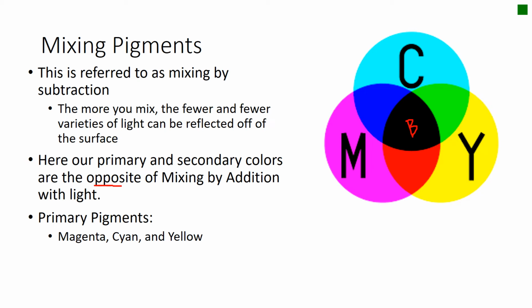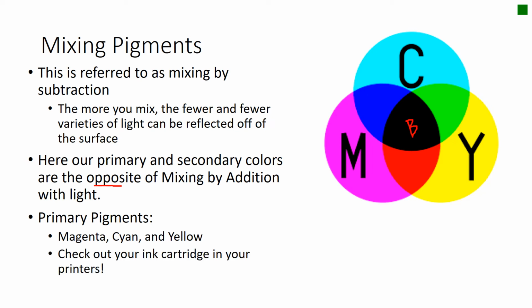This is actually the exact opposite. All right, not only is it dealing with paints and dyes and pigments as opposed to wavelengths of light, but in terms of primary and secondary colors, it's the exact opposite of the previous slide, mixing by addition. So your primary colors here are magenta, yellow, and cyan. If that seems ridiculous and unlike what you probably heard in some of your art theory classes, I challenge you to go check your printer cartridges out.